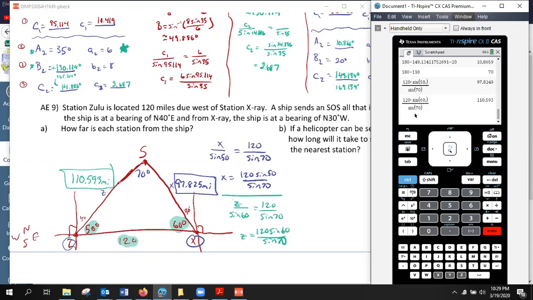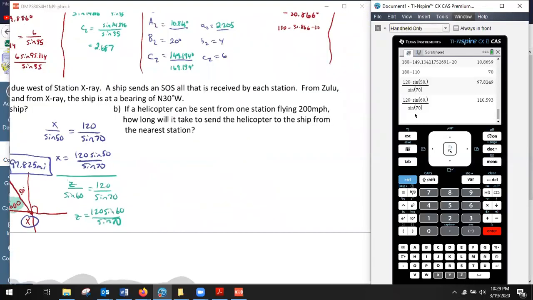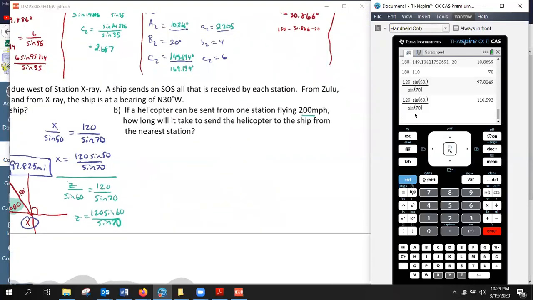So if a helicopter is sent from one station flying at 200 miles per hour, how long will it take to send the helicopter to the ship from the nearest station? So if you remember that distance equals rate times time, our goal is to solve for time.